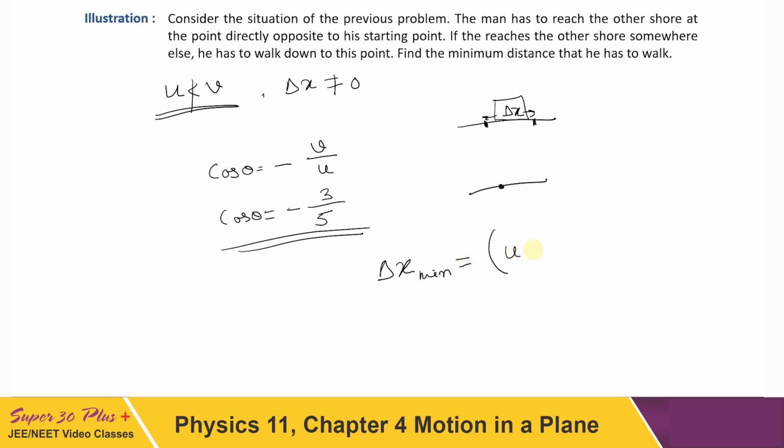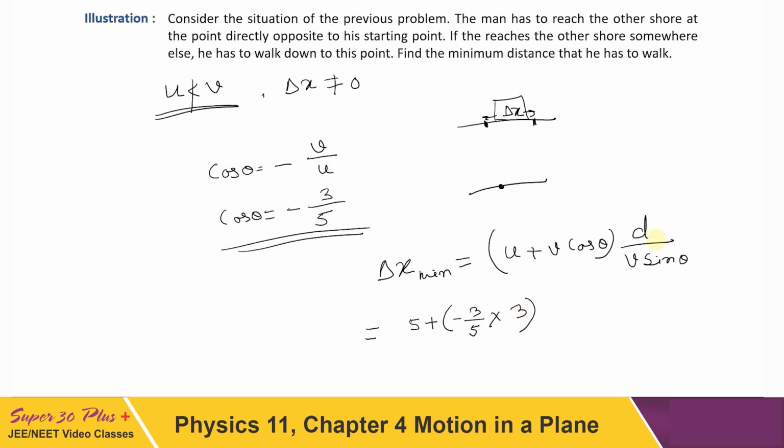It has to be equal to u plus v cos theta multiplied with d upon v sin theta. Simply substitute all the values. U is given as 5 plus v cos theta, and I have calculated cos theta, that is minus 3 by 5, into v, which is 3 given.